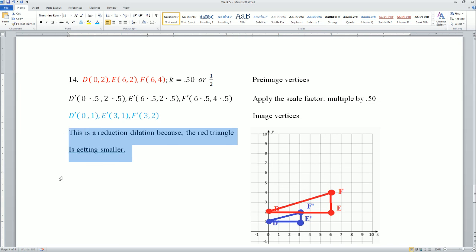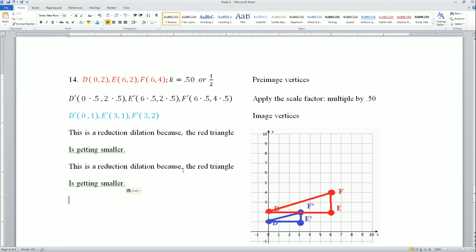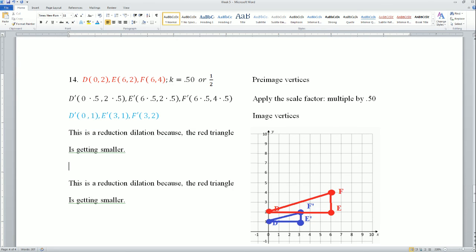Or you can say this is a reduction dilation because the scale factor is less than 1 but greater than 0.